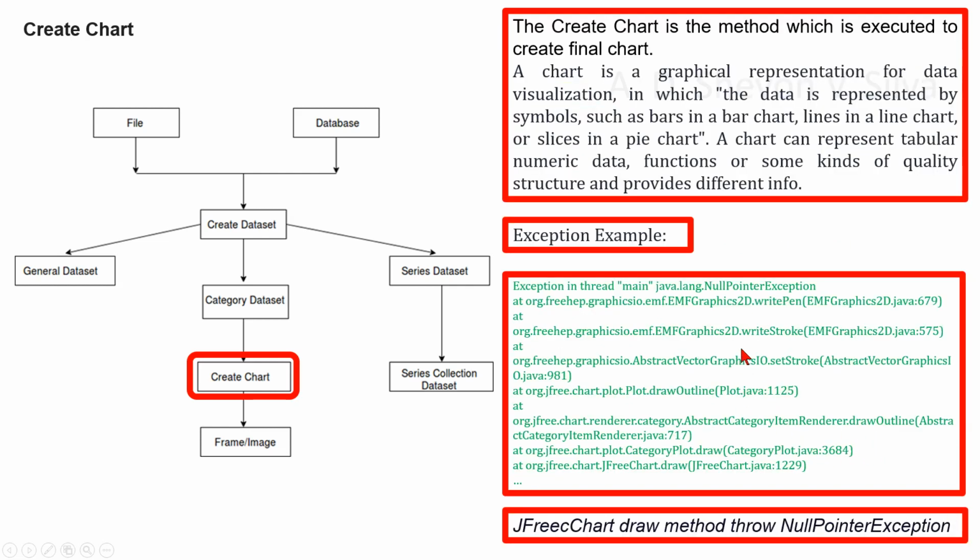As an example, we can consider this one for exception example. JFreeChart draw method throw null point exception.